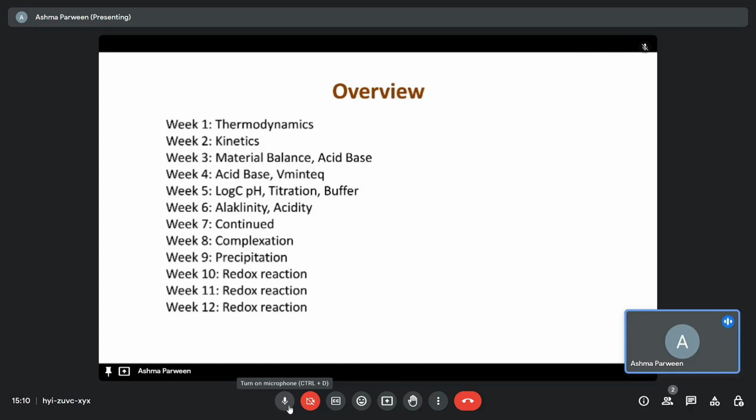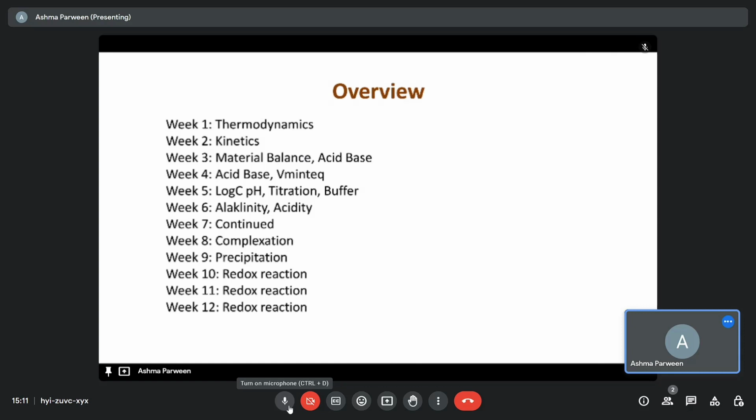Then week two was about component balance, reaction kinetics, and mass balance was also introduced in week two. Week three was about material balance, that is mass balance, and acid base reaction was also introduced in week three. Week four and week five were about acid base topics like the log C-pH graph, titration, buffer intensity, alkalinity, acidity, and so on.